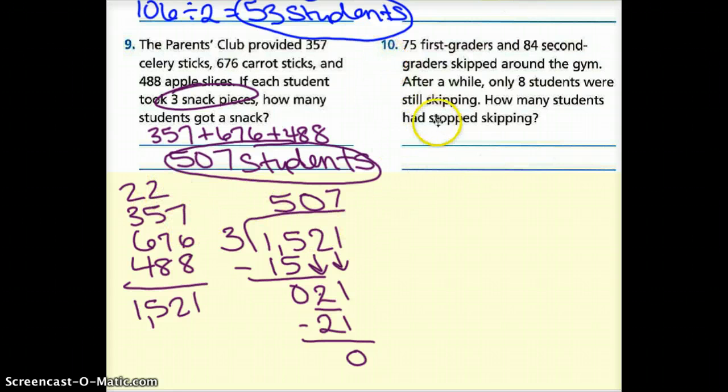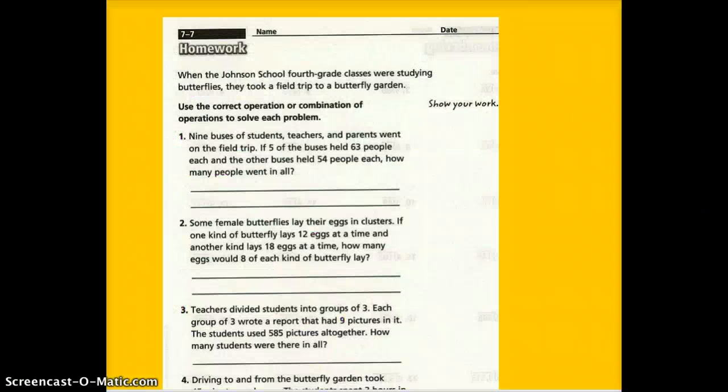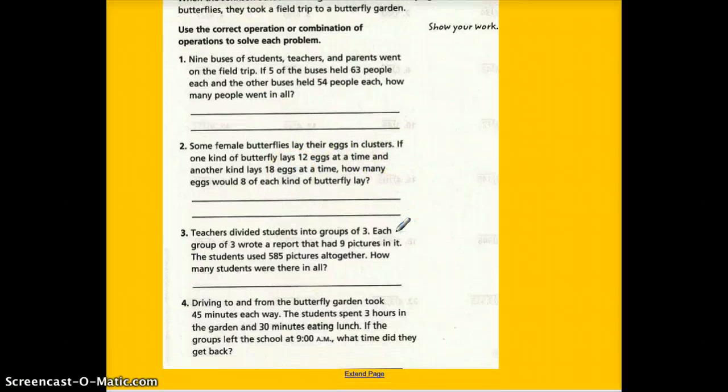Alright, go ahead and work on 10, 11, and 12. Remember, these are all multi-step, meaning 2-step problems. When you're finished, raise your hand to get a star. And then you're going to work on homework. Your homework today is Unit 7, Lesson 7. These are also word problems that have 1 or 2 steps.